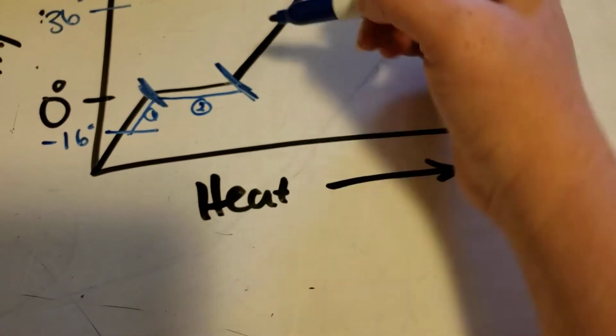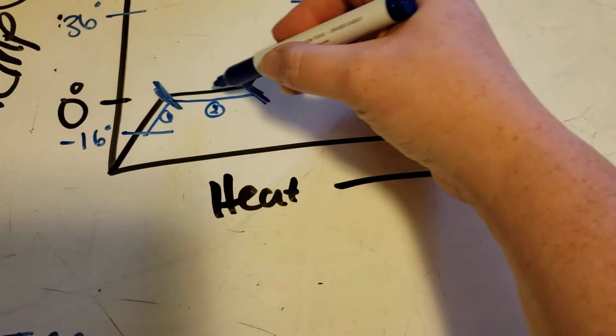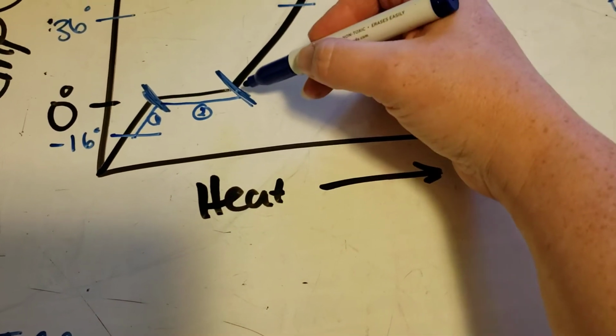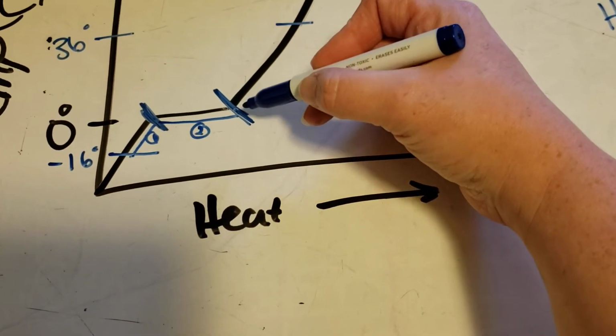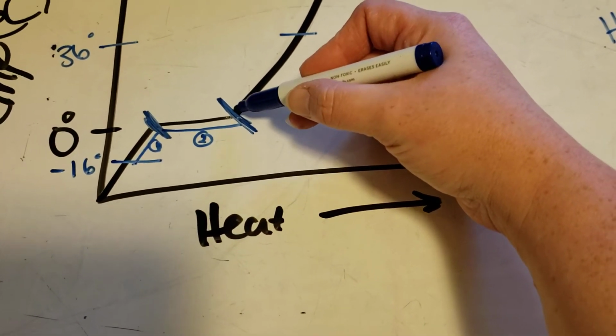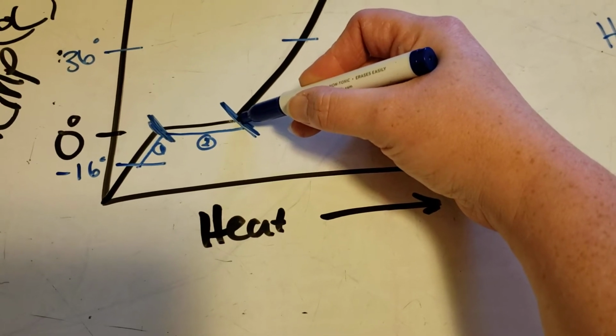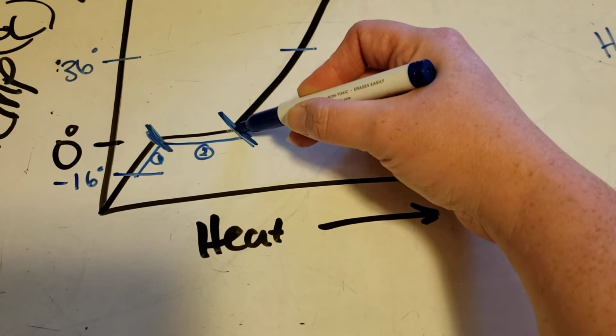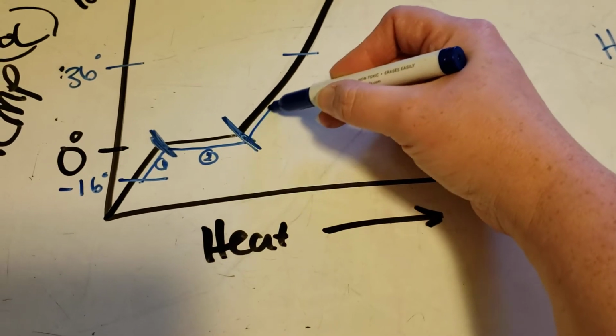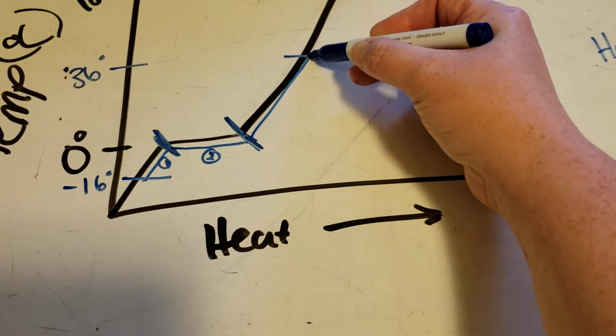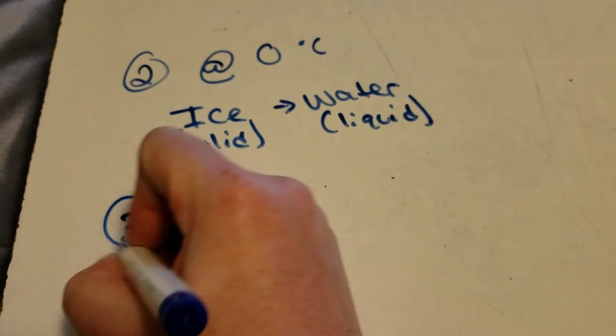Now that I've hit this corner, the phase change is done, and I'm going to go to the end of my problem. I'm now starting at 0 degrees Celsius as liquid water, and I'm going all the way up here to my ending point of 36 degrees Celsius. So that means I have a third problem.